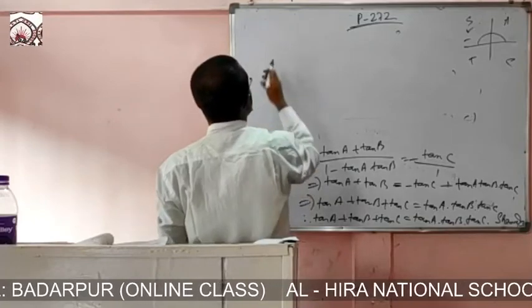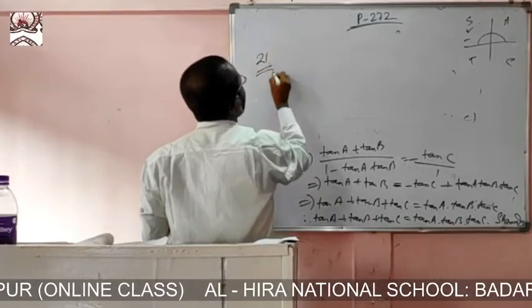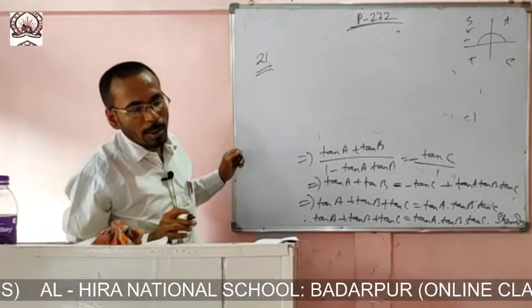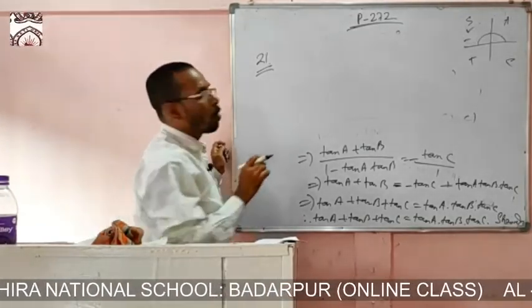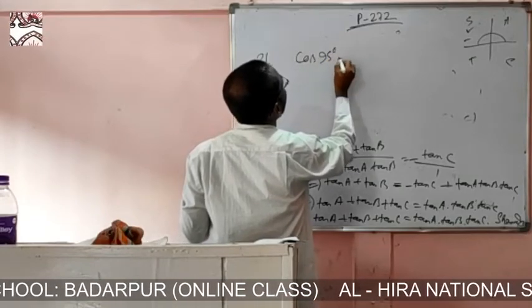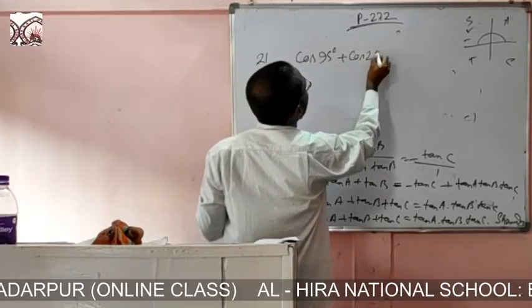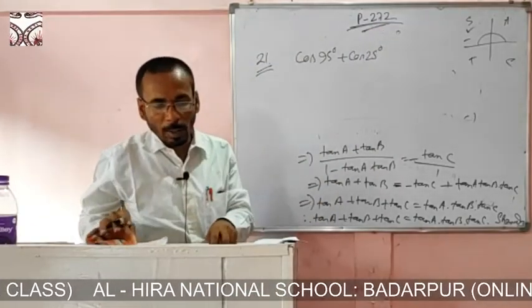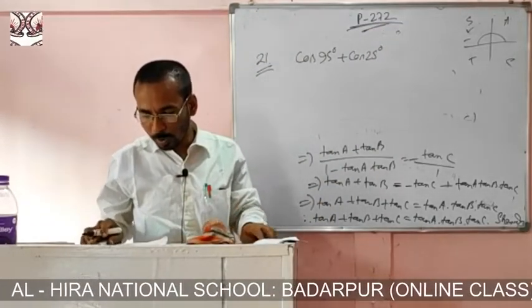So I am doing question number 21, and question number 21 is cos 95 plus cos 25. From page number 272, you see a formula is there, cos c plus cos d.